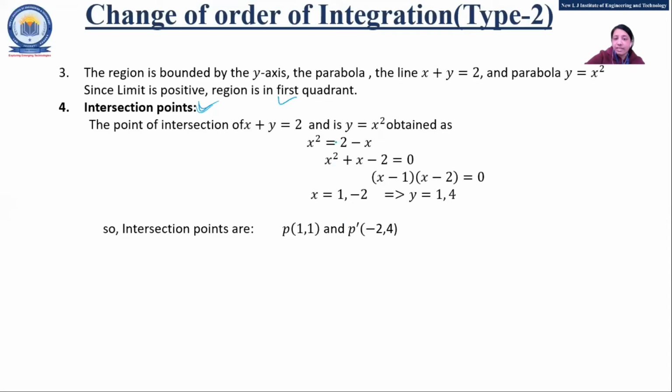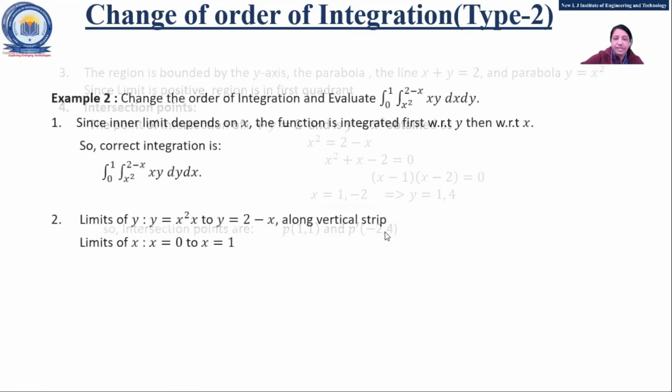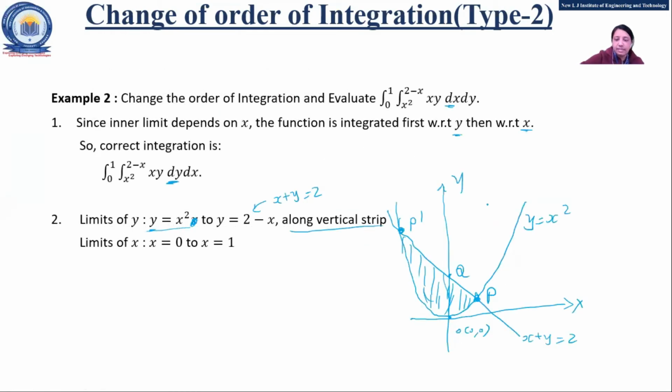So you will have x equal to 1 and minus 2. According to that, put the x value here, and you will get y equal to 1 and 4. So our intersection points are 1, 1 and minus 2, 4. So we can write that now here.